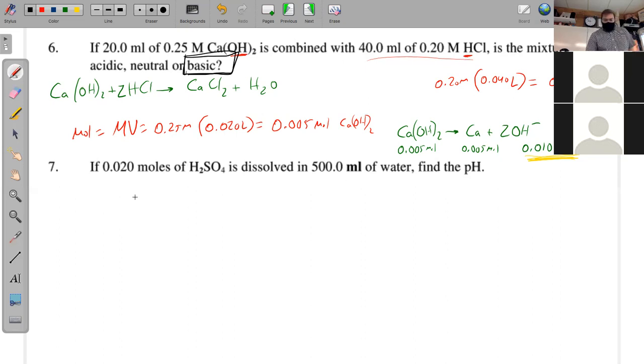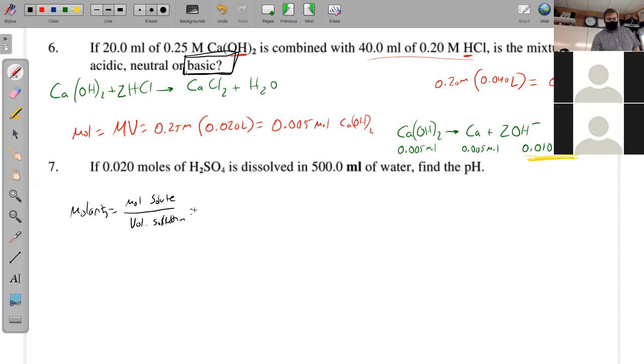All right, you got 0.02 moles of sulfuric acid in 500 milliliters of water. We want to know what the pH is. So the first thing you can do is figure out the concentration. The molarity is equal to the number of moles of solute divided by the volume of the solution.